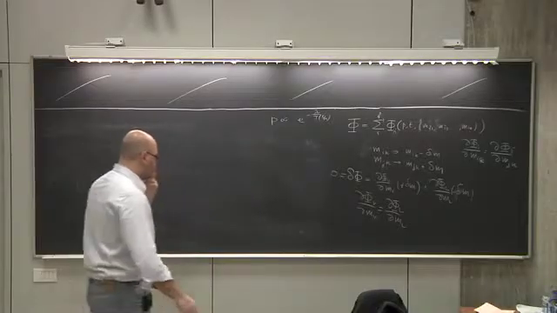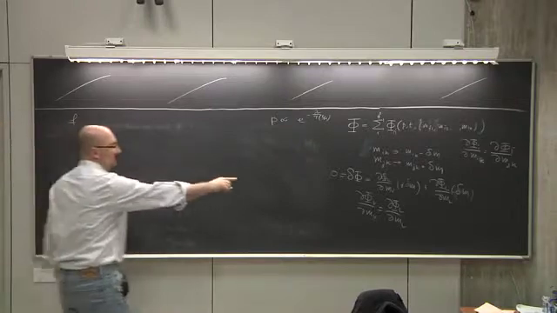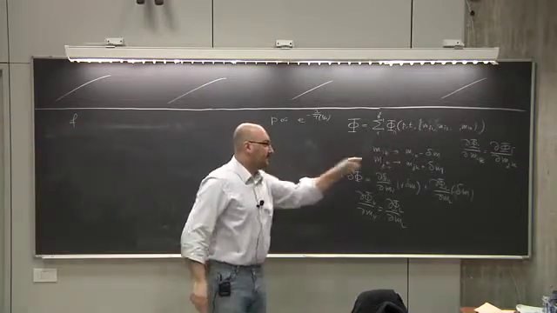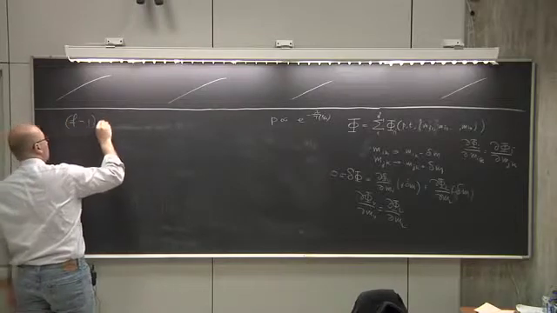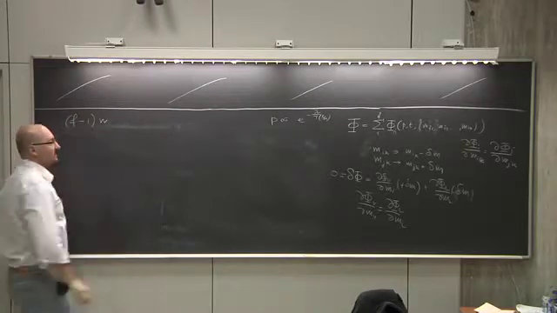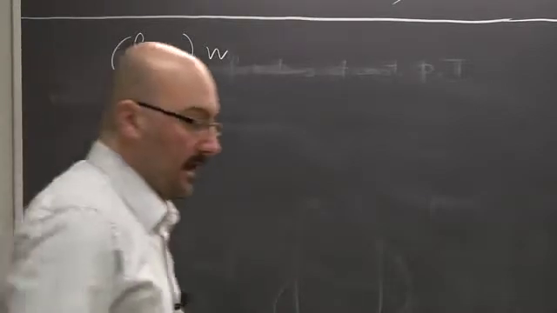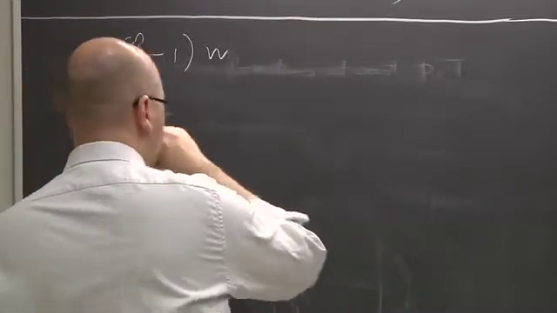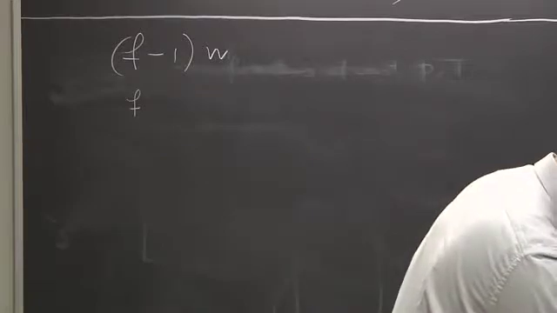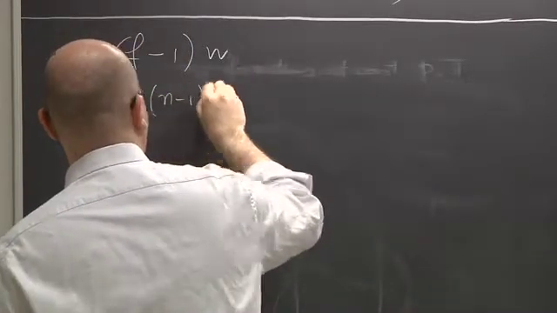Okay, so in this case, that set of equations is f minus 1 times n equations. Okay? And the number of variables is f times n minus 1.